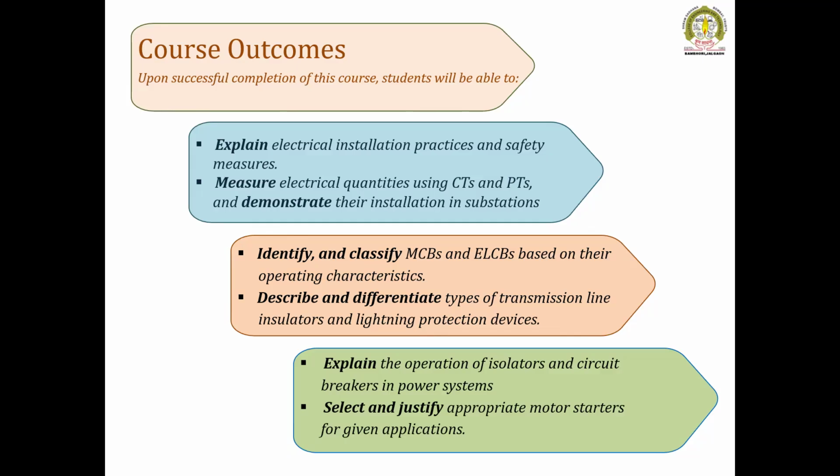Describe the types of insulators and lightning arresters used in the transmission line. Explain the operation of isolator and circuit breaker, and select and justify the appropriate motor starters for different applications. These are some expected outcomes.